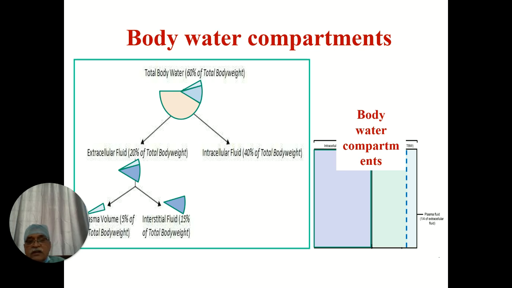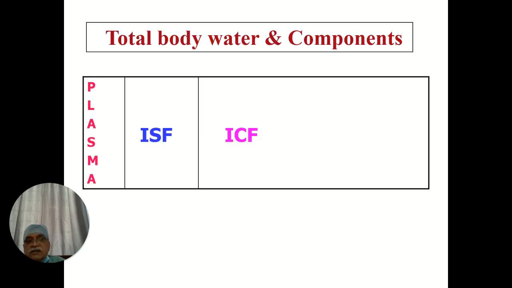Water is divided into different compartments. Part of the fluid is present in the form of plasma in the intravascular space. In between the cells, outside the cells, there is also some amount of fluid, that is the interstitial fluid compartment.